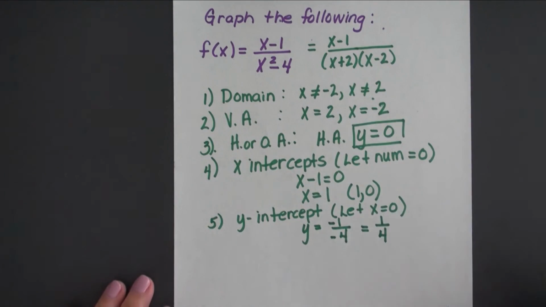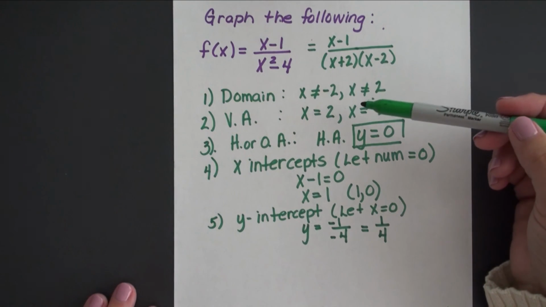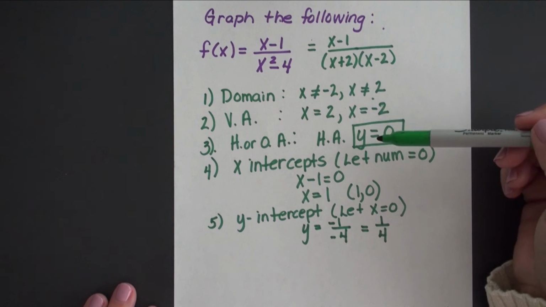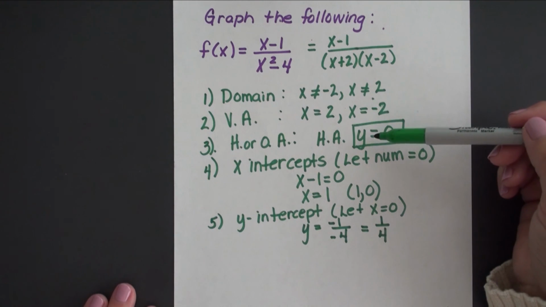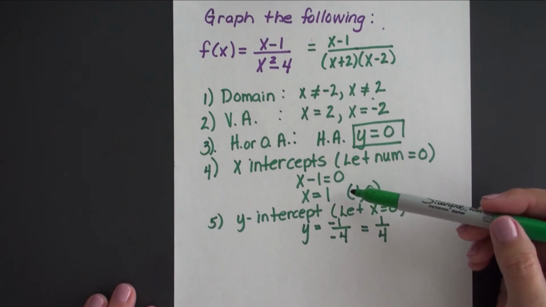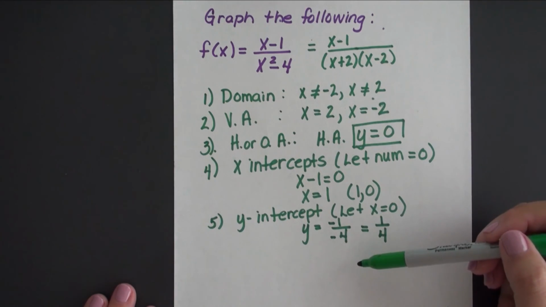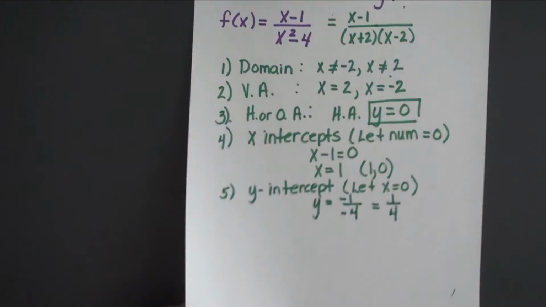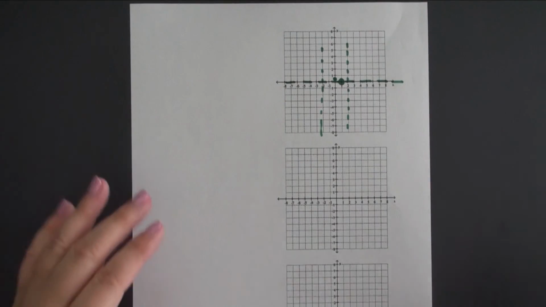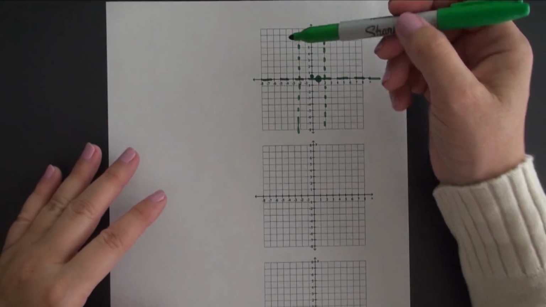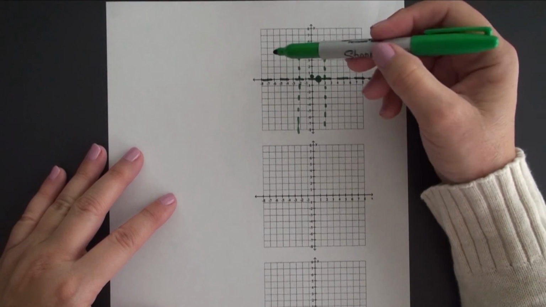The last step, after we have determined the vertical asymptotes, the horizontal or oblique asymptotes, and the x and y intercepts, is to look at your graph. We need to look at the three areas that our asymptotes have divided our graph up into.